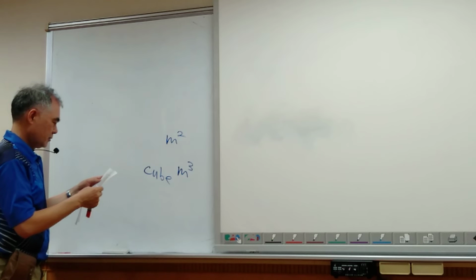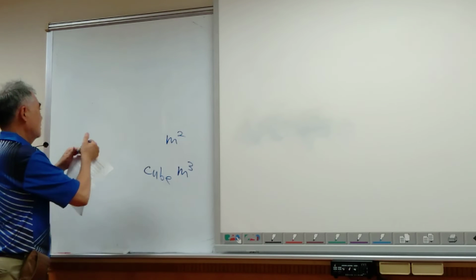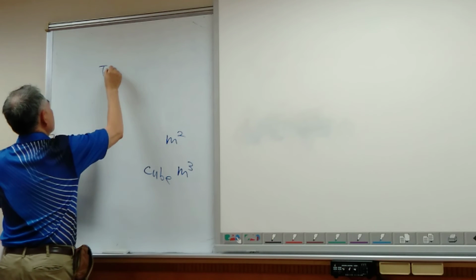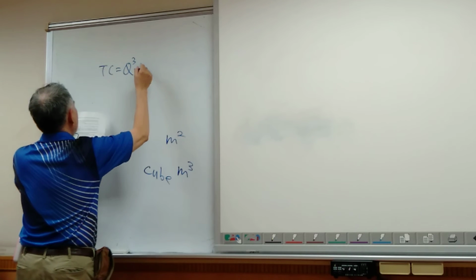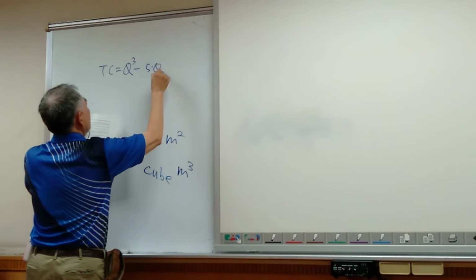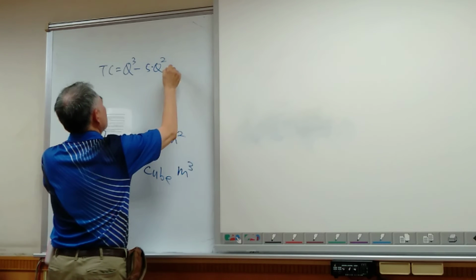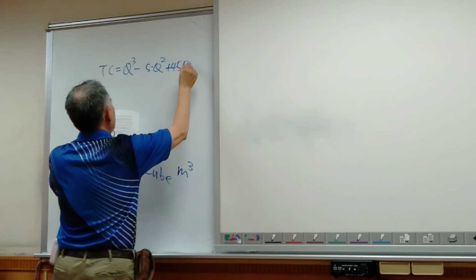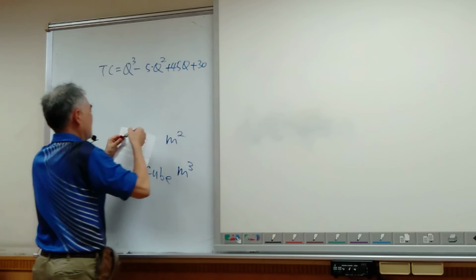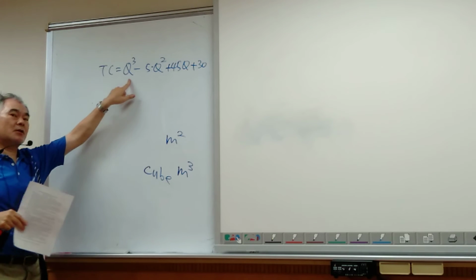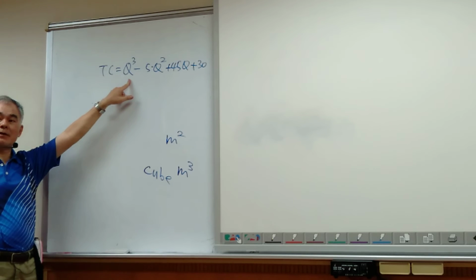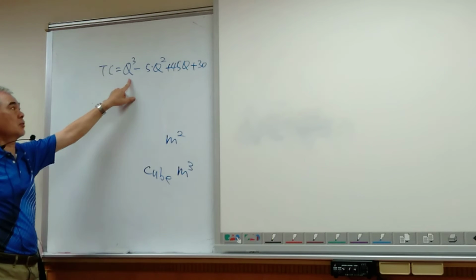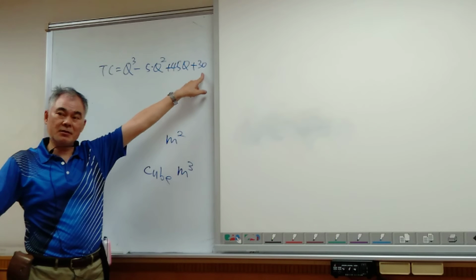Well, question 16, okay, so you have total cost equal to Q to the third power minus 5Q squared plus 45Q plus 30. Because when Q is equal to 0, that is no production level at all, you still have cost, 30.